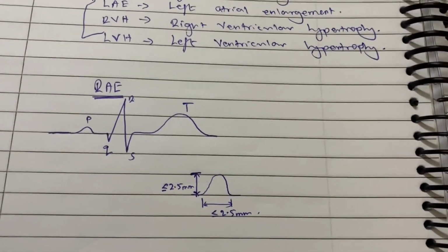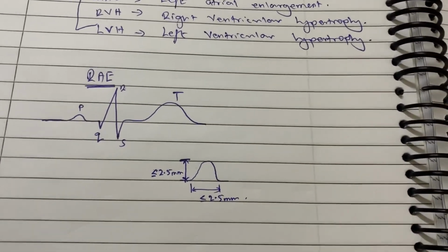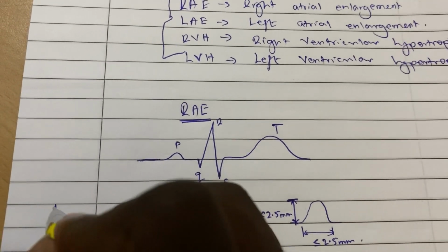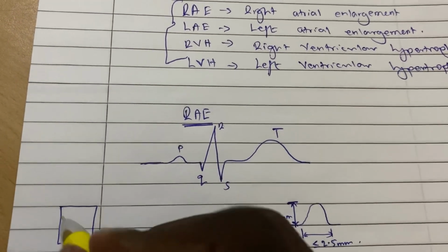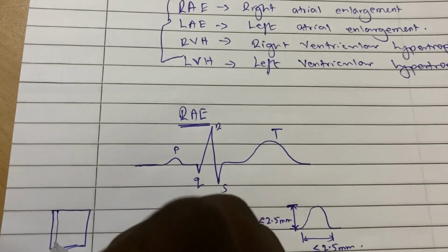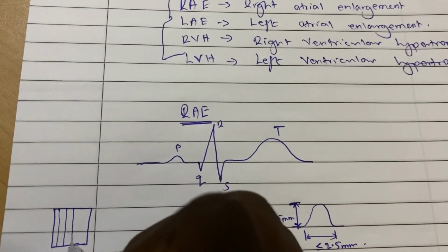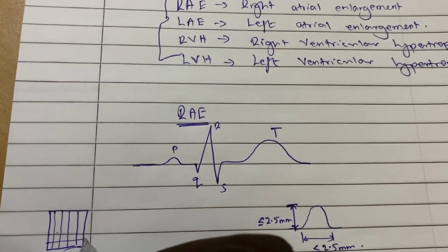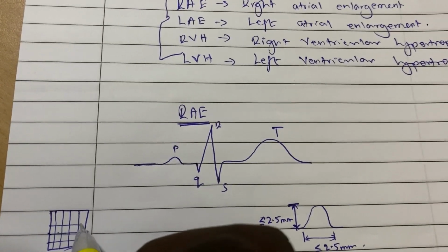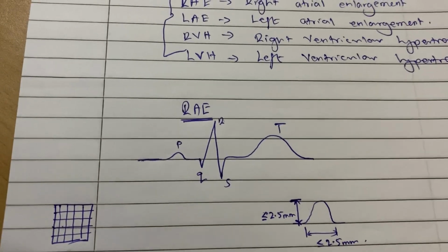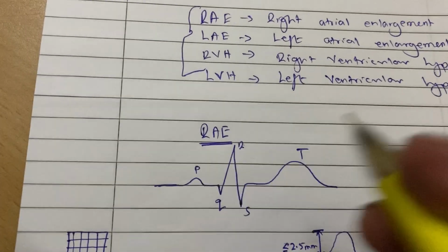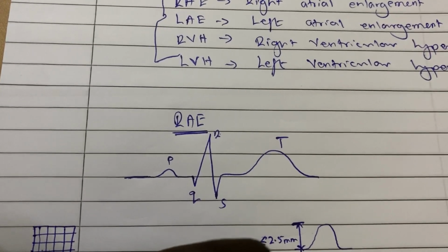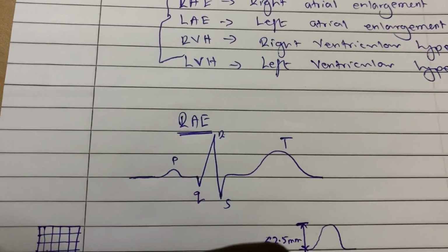And we defined what a millimeter is on the ECG paper. I remember we did this ECG calibration. We calibrated it as a big box which has 5 small boxes inside. This small box here is 1 millimeter.